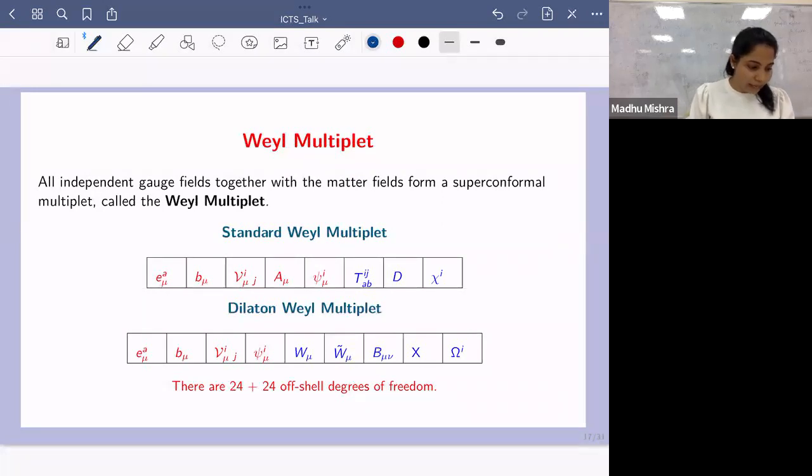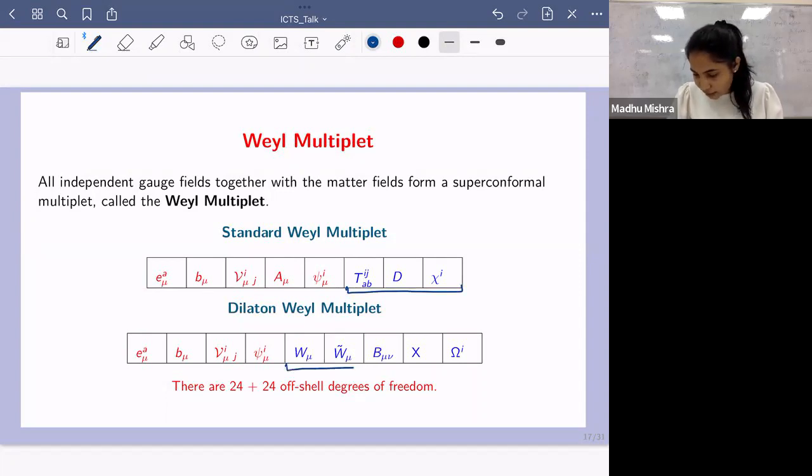The multiplet that contains the gauge field is called the Weyl multiplet in superconformal theory, and there are a couple of ways to select auxiliary fields which lead to either the standard Weyl multiplet or the dilaton Weyl multiplet. If we choose this set of auxiliary fields, the Weyl multiplet is called the standard Weyl multiplet. However, if we go for this set of auxiliary fields, this multiplet is called the dilaton Weyl multiplet because it has a dilaton field.